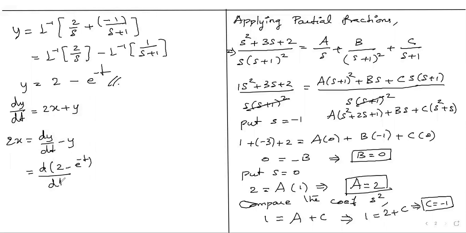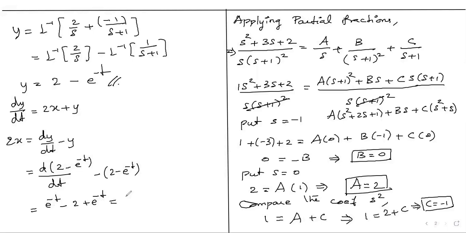With respect to t, you have to differentiate this and minus again your y value, 2 minus e to the power negative t. And what happens when you differentiate this? 2 becomes 0 and e to the power negative t becomes, again negative will be there, so positive e to the power negative t will be there. And here just remove the bracket, minus 2 plus e to the power negative t will be there, and just solve these two.